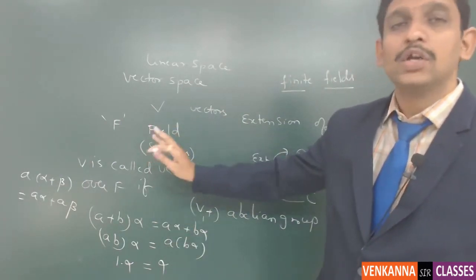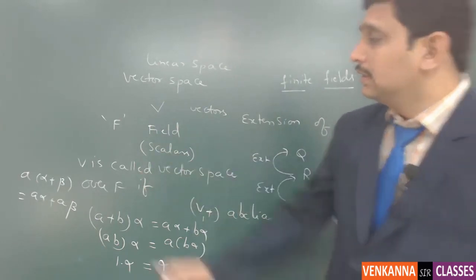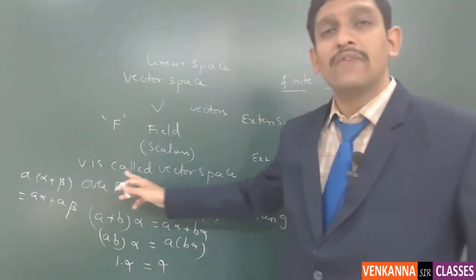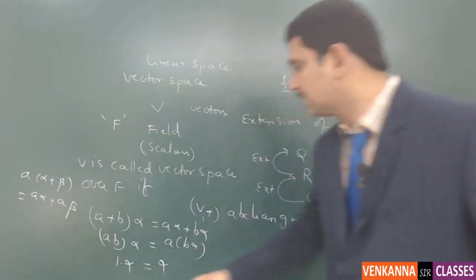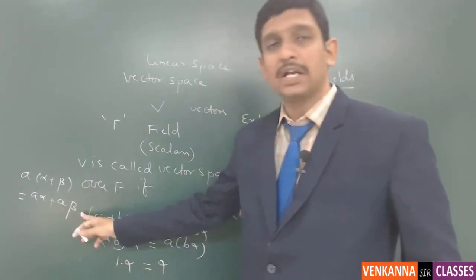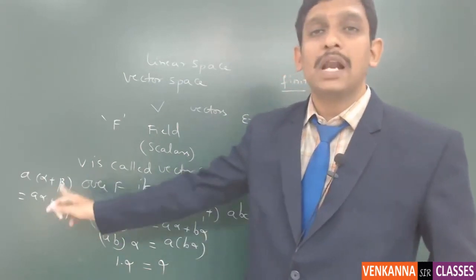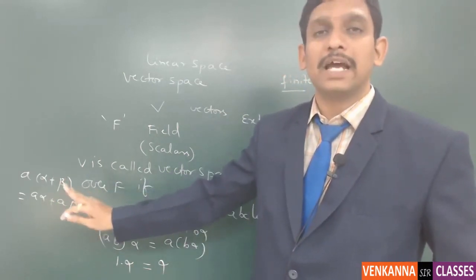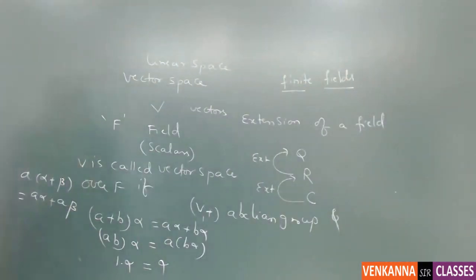The set V is called a vector space over F if it satisfies the following properties, where alpha, beta are vectors taken in V, and a, b are numbers called scalars taken in F. This is the definition of vector space.